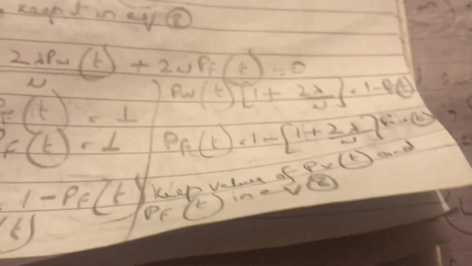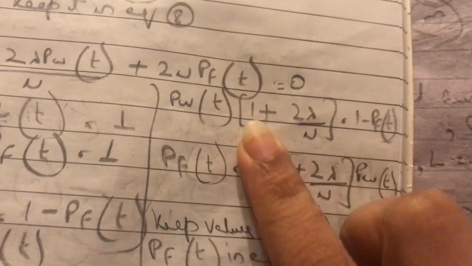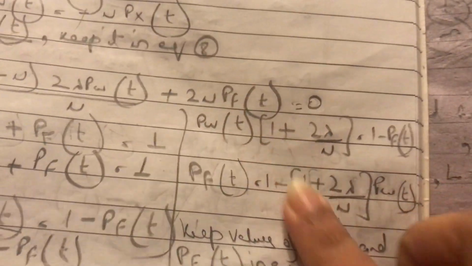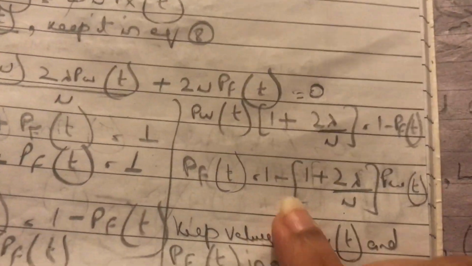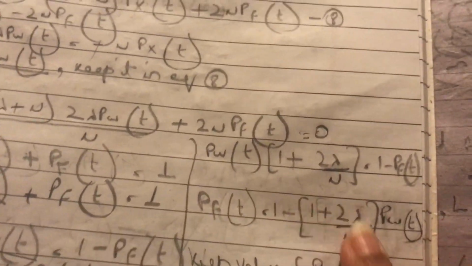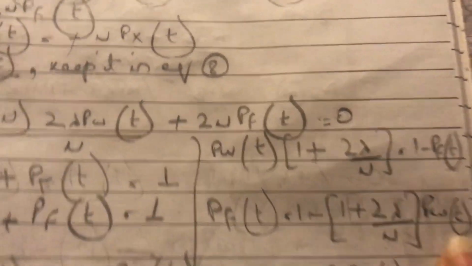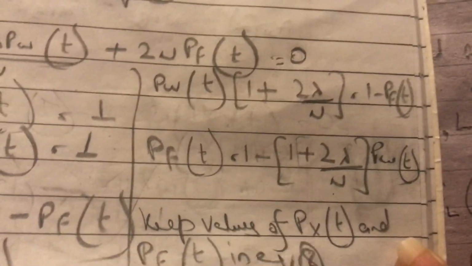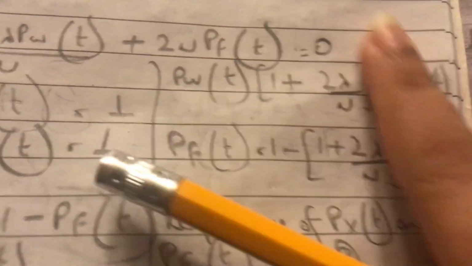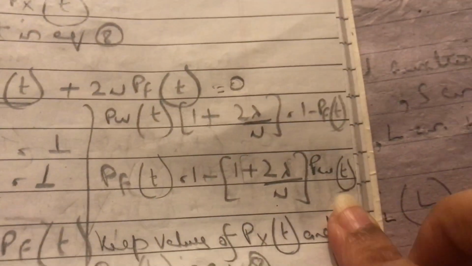Equals to, this one remains the same, and pw of t was here, so it will come here in the form of minus. So when it comes here, 1 plus 2 lambda over mu pw of t. Everything is clear now? This one remains here, pf of t goes there, and this thing comes here. So this is what we got.